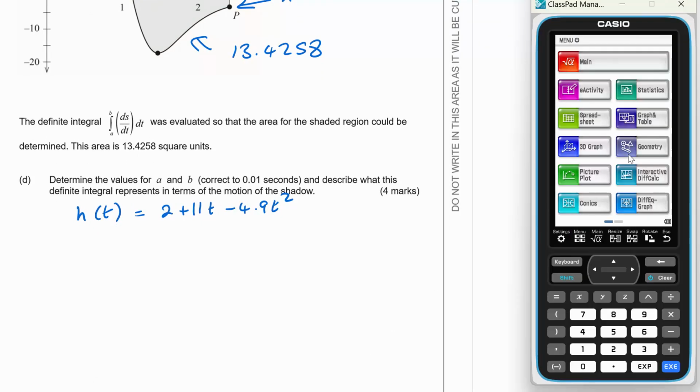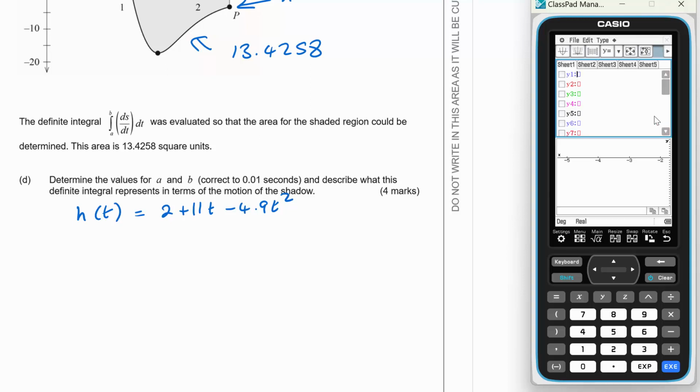One thing we could do is go to graph and table and enter 2 plus 11x take away 4.9x squared. We can graph that.